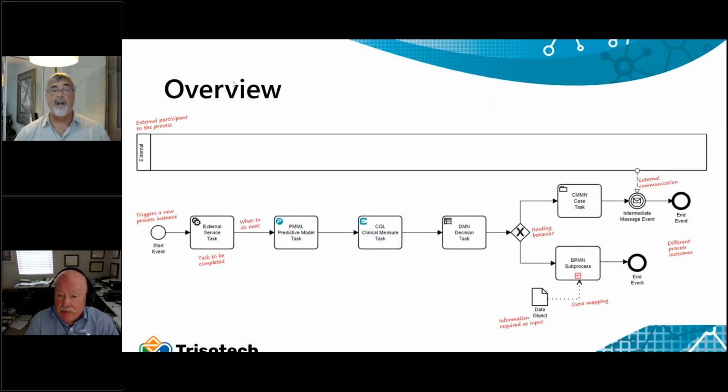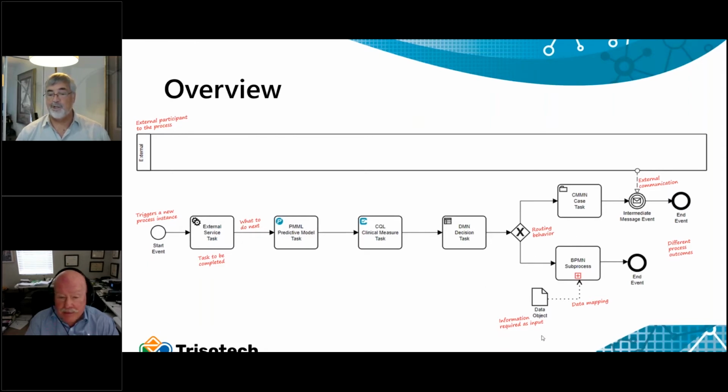Here we're showing where an external participant is interacting with this process, this automatable guideline, by sending a message that is caught here. Clear symbols, like the envelope, mean that we're catching. A dark symbol would be throwing. And then we end in one of the different end states or outcomes of the automation.